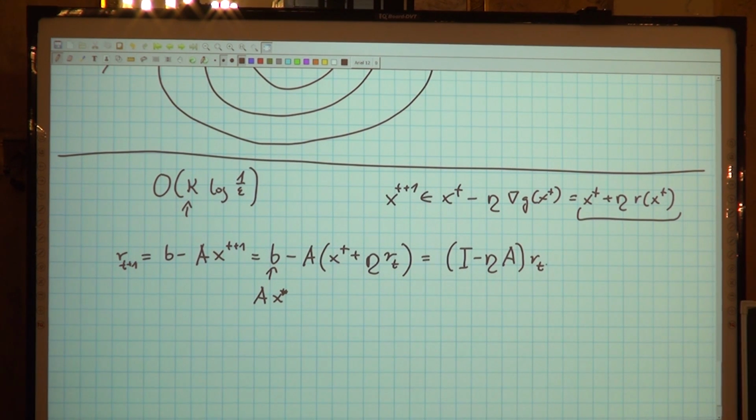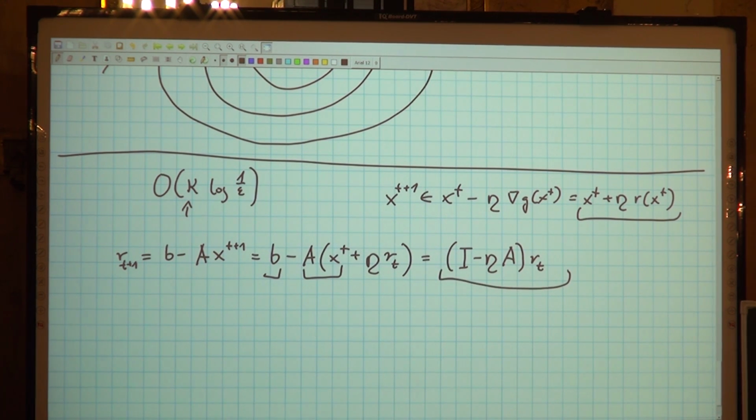If I look at these two terms, this will be exactly the previous right hand side error, and then the rest I just multiply by A times eta. So I clearly have this equality here.